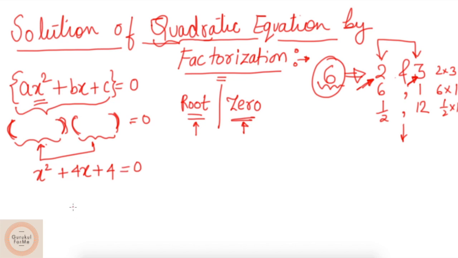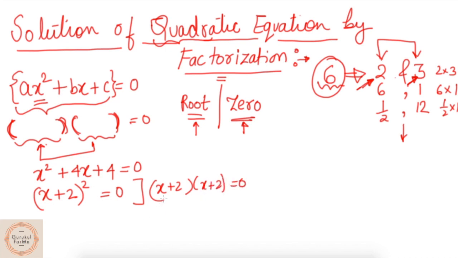Don't bother how I am solving this, but if I say that this is x plus 2 the whole square is equal to 0, is it perfect? Why? Because it is x plus 2 multiplied by x plus 2 is equal to 0, and we know how to solve this. Both of them are the same, is equal to 0. Aren't we now splitting into 2 halves?